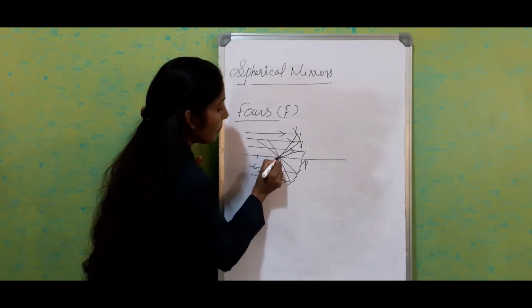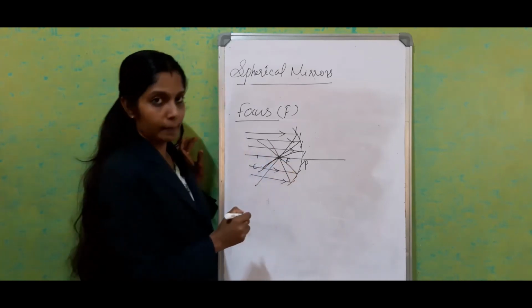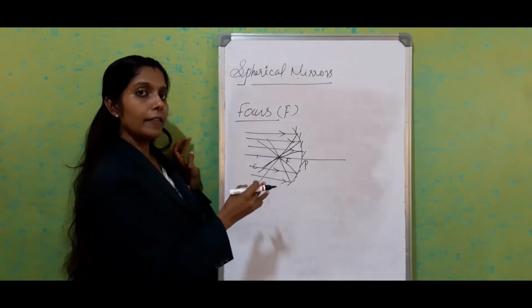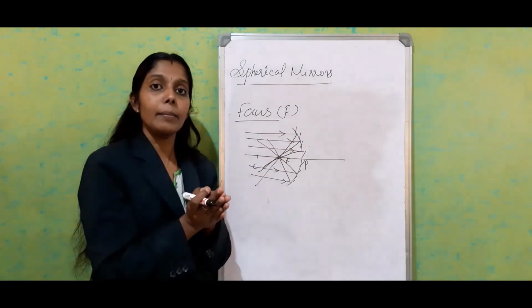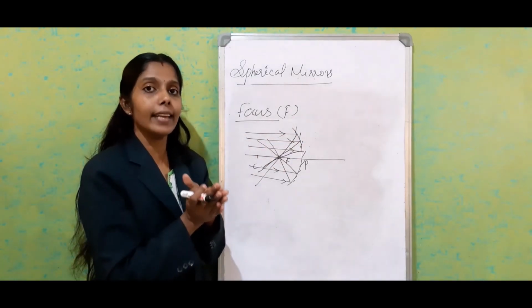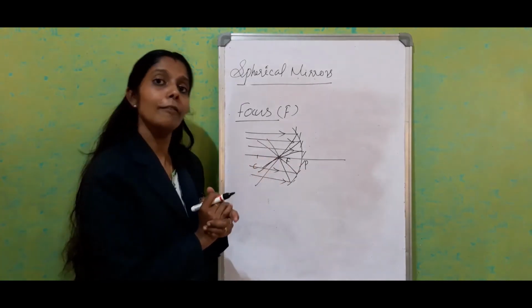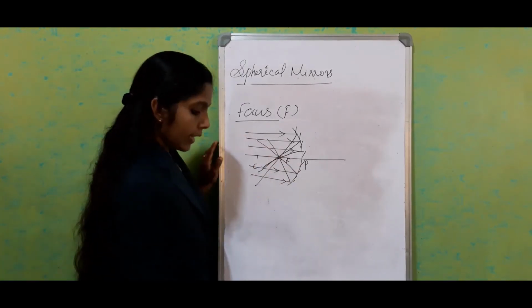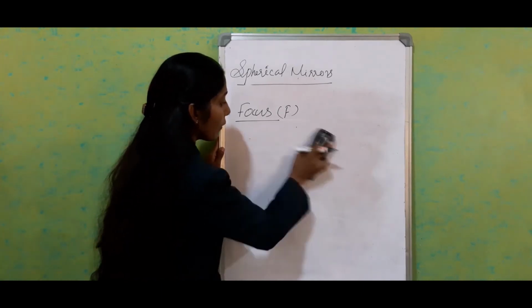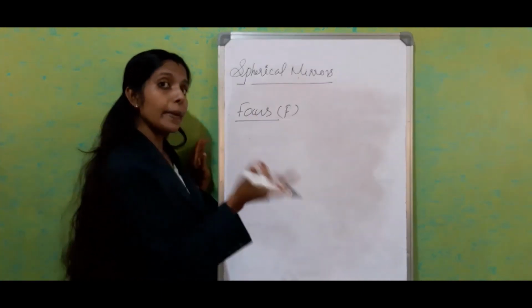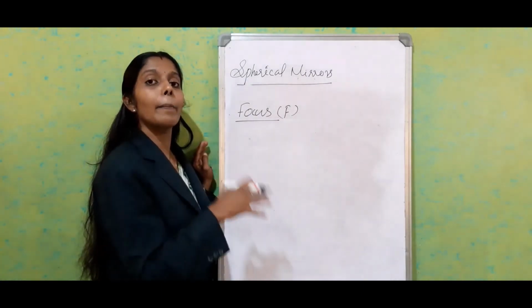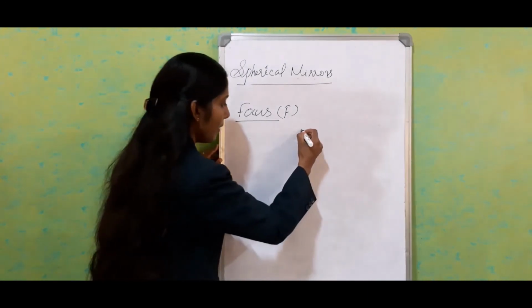So this point is called the focus point. After the reflection, these rays join or intersect at a point on the principal axis. That is called focus. In the case of convex mirrors, it appears to come from a point, or appears to meet at a point. We'll see how it is.